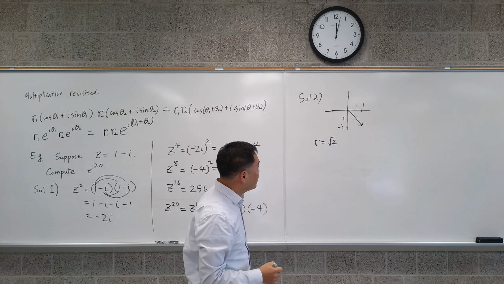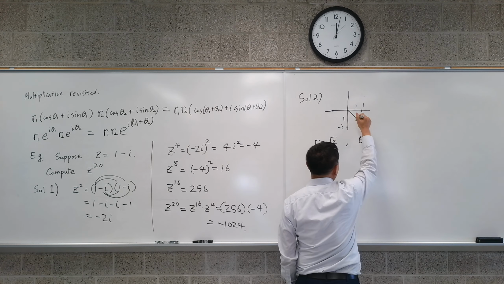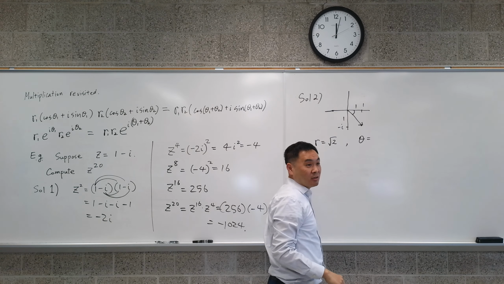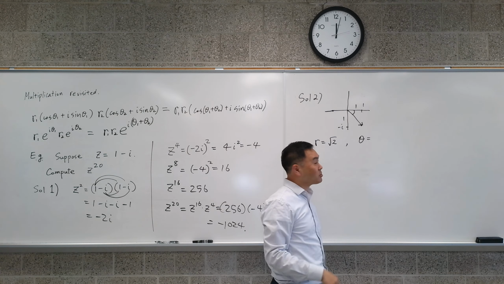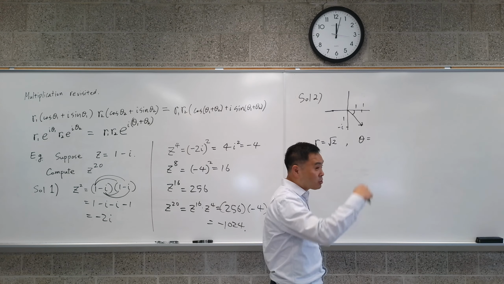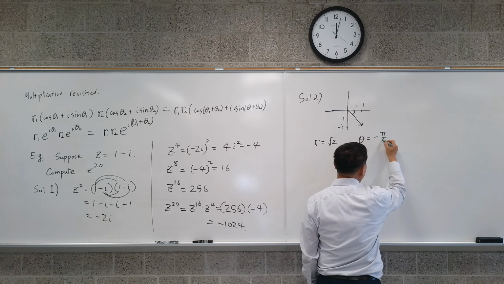And then what about the angle? I know that it's going that way. What is this angle? It's kind of obvious from the picture. 45 degrees, but it's going in the negative direction, so let's write negative pi over 4.